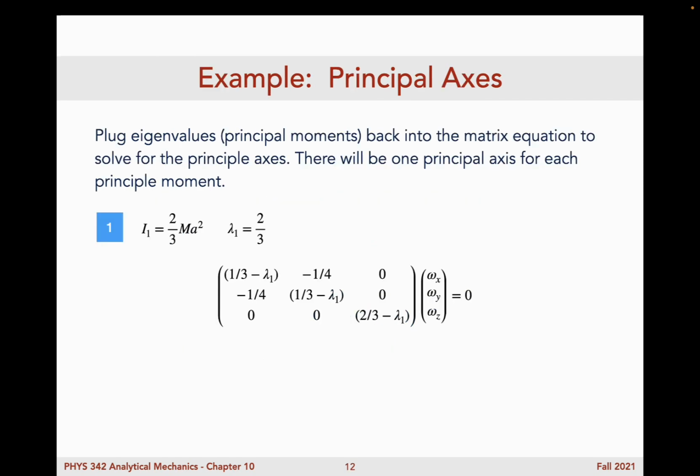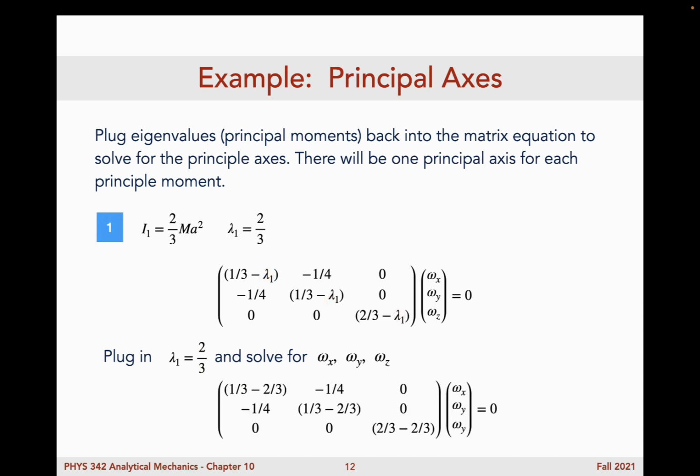Okay, so here we are. This is our equation. That's the inertia tensor minus the lambdas times omega equals 0. We're going to plug in lambda equals 2/3 here, here, and here. So we're just plugging in 2/3 for the lambdas along the diagonal.